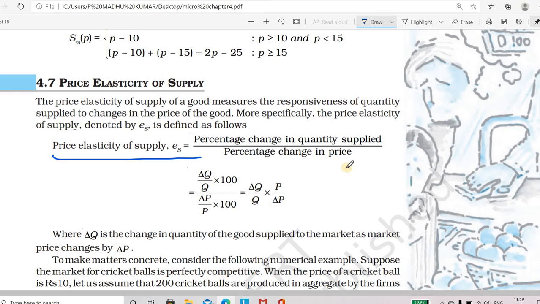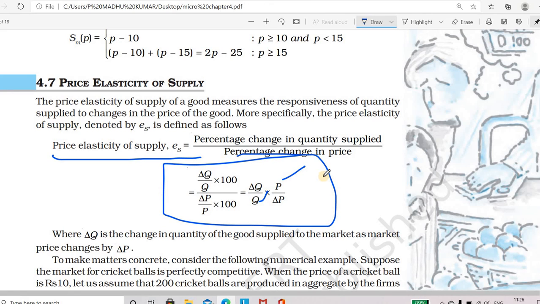That one is delta Q, and delta P means change in the price. Earlier it was 5, it increased to 7. Then what is the price change? 2 rupees. That is the delta P. And what is the initial price? Initial price is 5, initial quantity is 5.